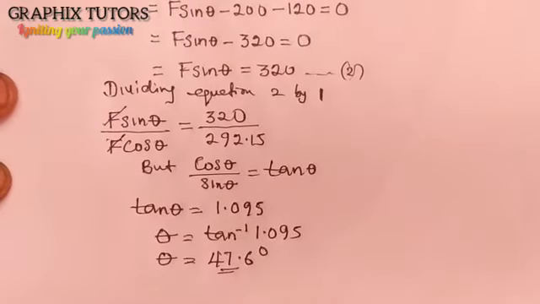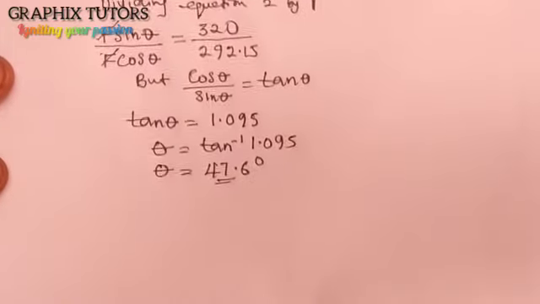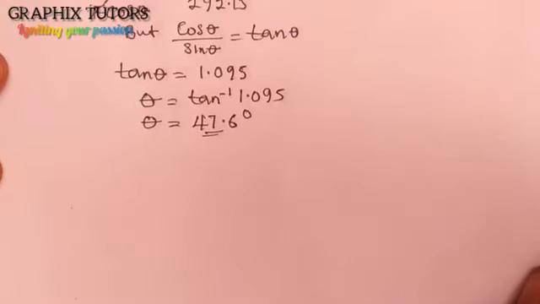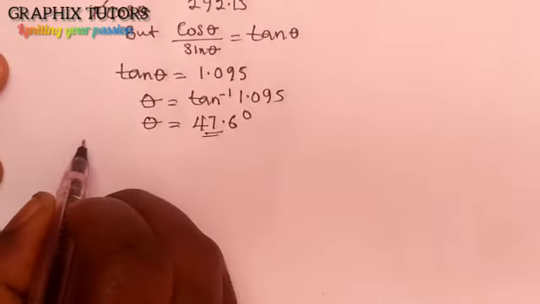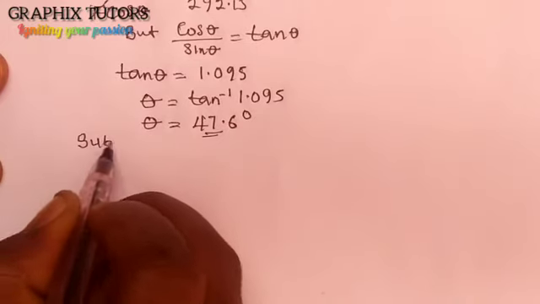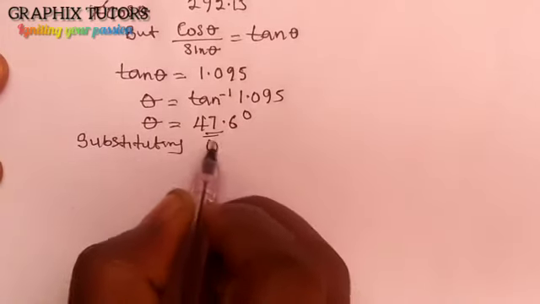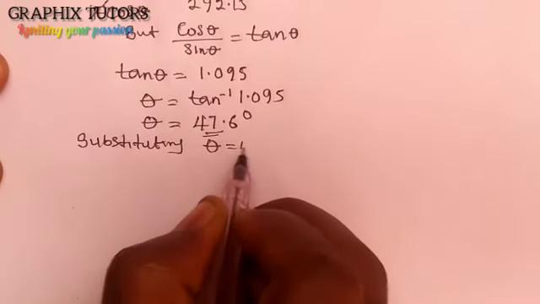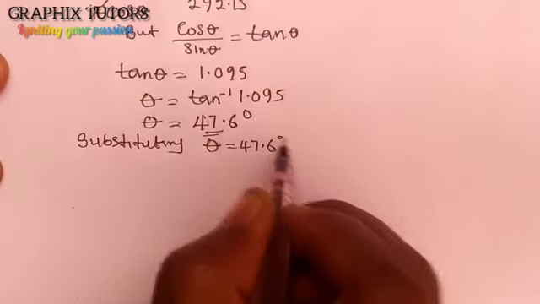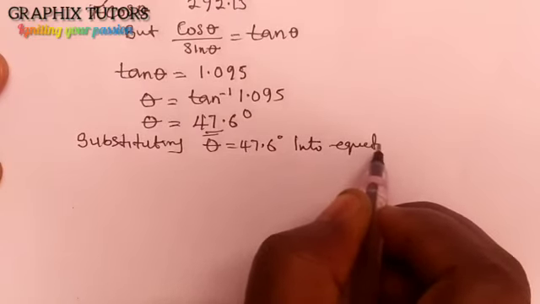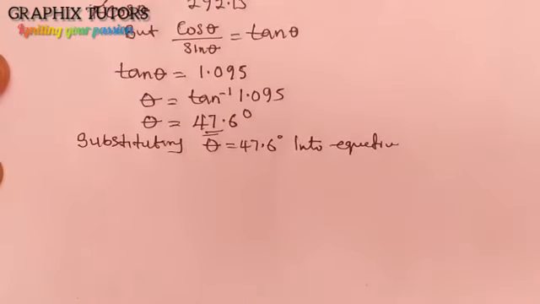Now the next thing we want to do is substitute the angle into Equation 1 to get the force. Substituting theta equals 47.6 degrees into any of the equations, I can choose Equation 1, you get the same value.